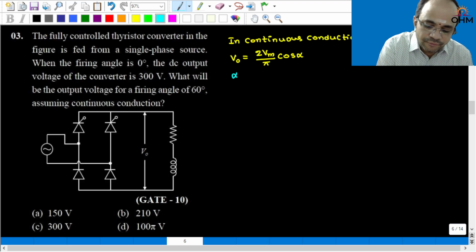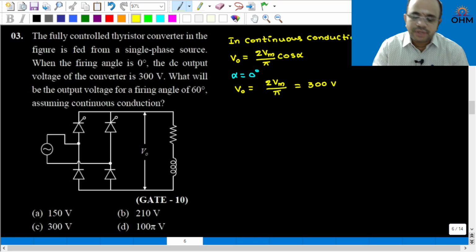Now, when alpha is equal to 0 degree, what is V naught? That is 2 Vm by pi. This value is given as 300 volt.